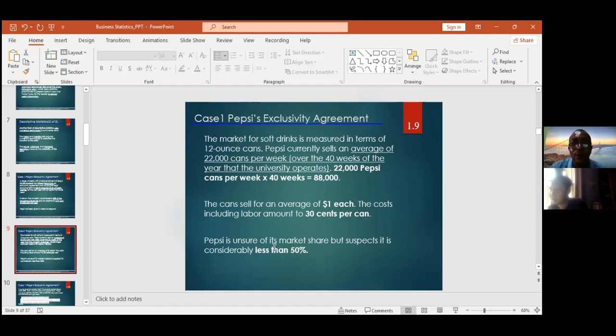So with simple mathematical knowledge and statistics, Pepsi can manage to solve its problem of not being sure of the exact market share, because this market share information is very important for Pepsi to know whether it is worthwhile to take the agreement. Remember, the competitor of Pepsi is Coca-Cola. So Pepsi needs to do some research, applying some statistical knowledge. So let's see the next slide.